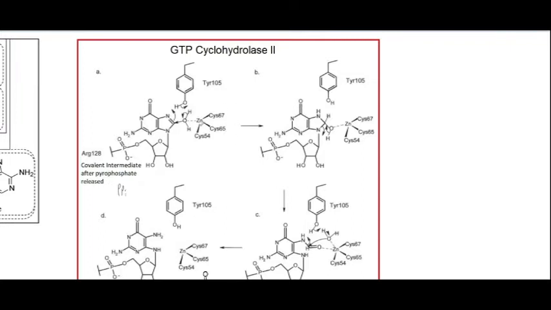And then there's this water here that's coordinated with this zinc in the active site, and this tyrosine 105 actually uses its hydrogen here as an acidic hydrogen. It's donating that hydrogen to this double bond here, so that we are adding this hydrogen on here while the water is also attacking onto this, and we end up with this hydroxyl on here, which is still coordinated with the zinc.